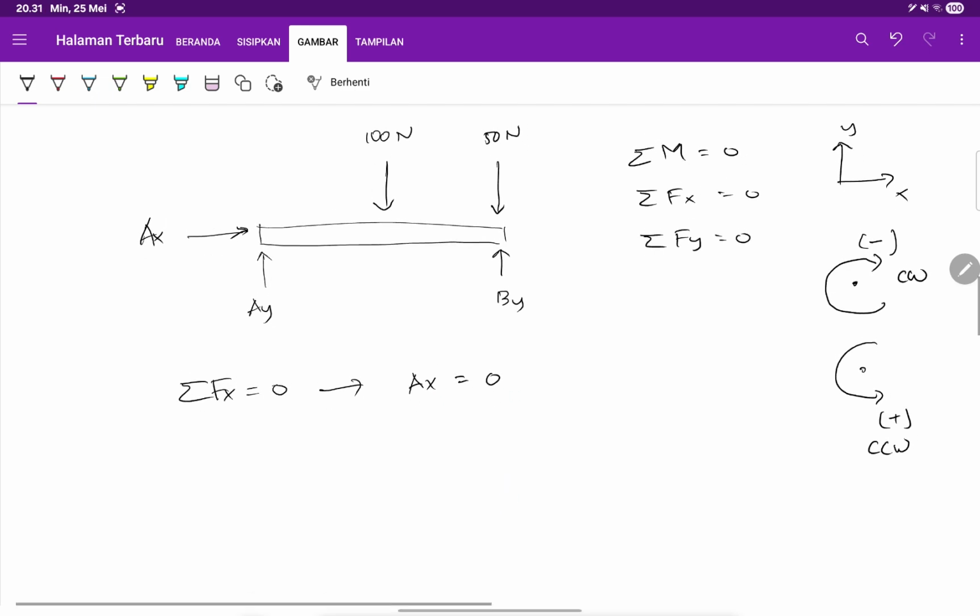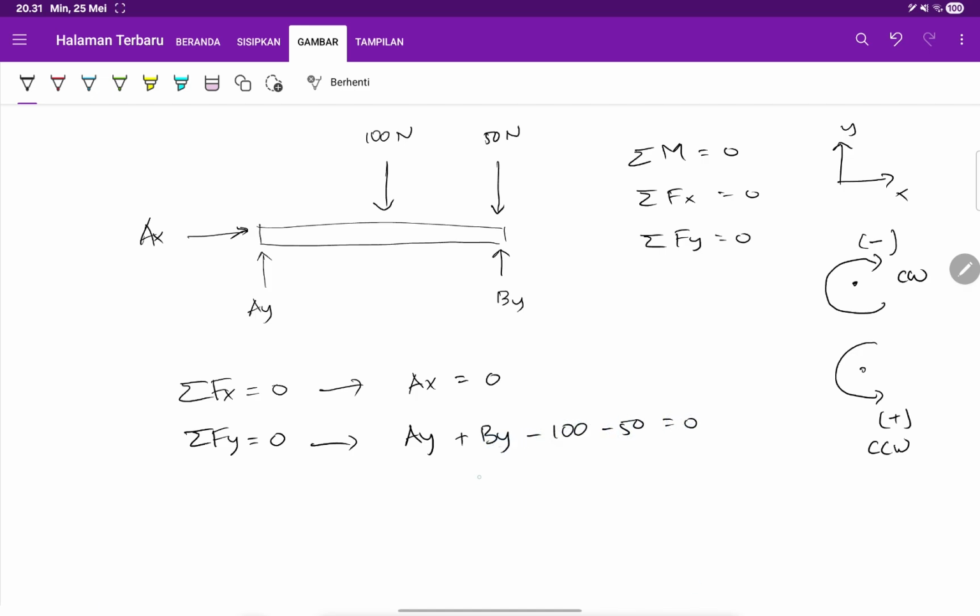Okay, and then if you apply the second equation, sigma Fy equals 0, check, is there any force working in the y direction? Of course, AY, which is pointing upward, which is positive, and then BY also positive, and then minus 100, and then minus 50 equals 0. So AY plus BY equals 150 newtons. Okay, but you still cannot determine what is AY and what is BY.